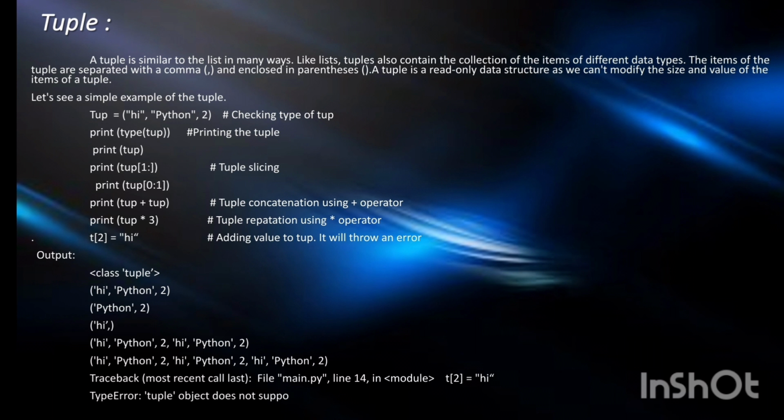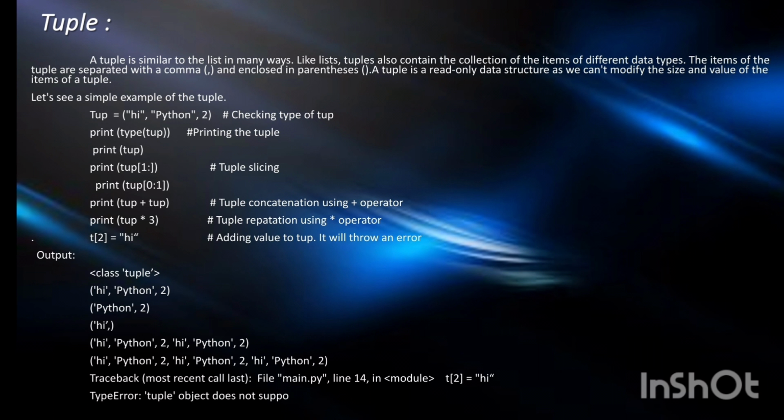Take a tuple tup equal to hi, Python, 2. Let us check the data type using type of tup. To print the tuple, print tup. Next, using the slicing operator, we can print from one to the last, like tup of 1 colon.